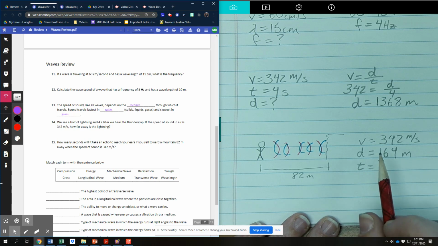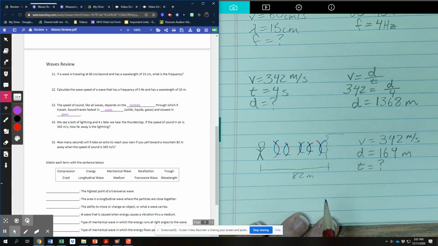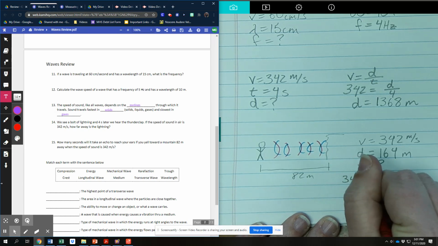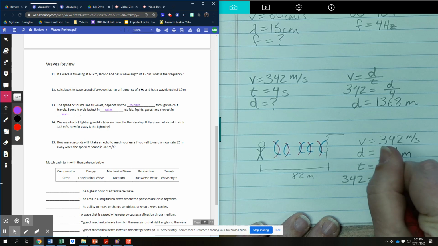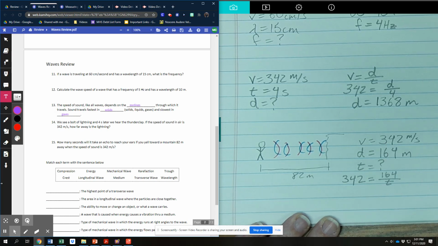Remember that speed is distance divided by time. All right, can't have a variable in the denominator, so I got to move it out.